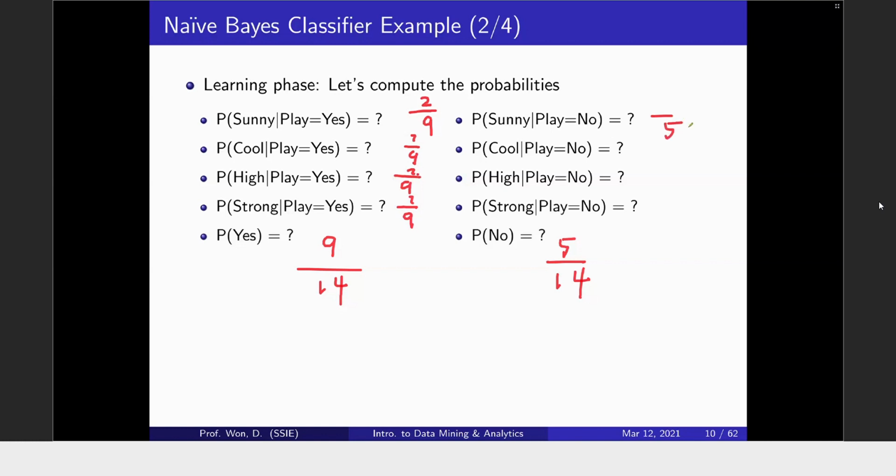And how many times were sunny? We can very easily count from the tables, and all this information gives some patterns about my data set, like for example the playing patterns. Okay, so this is all.